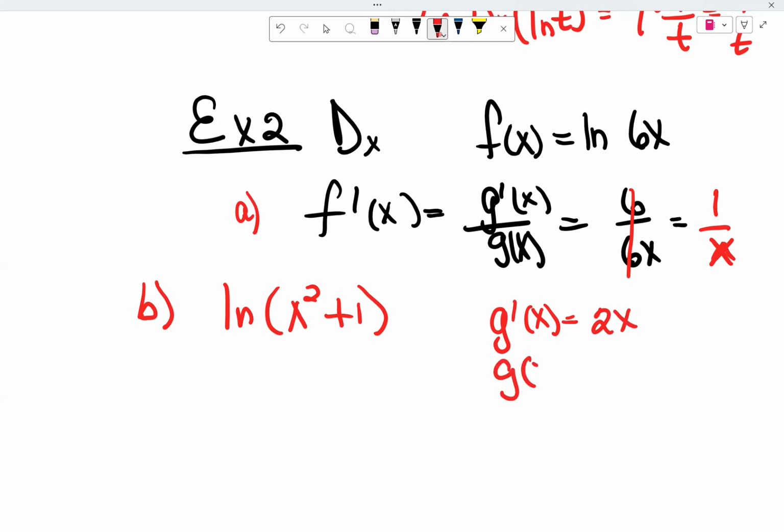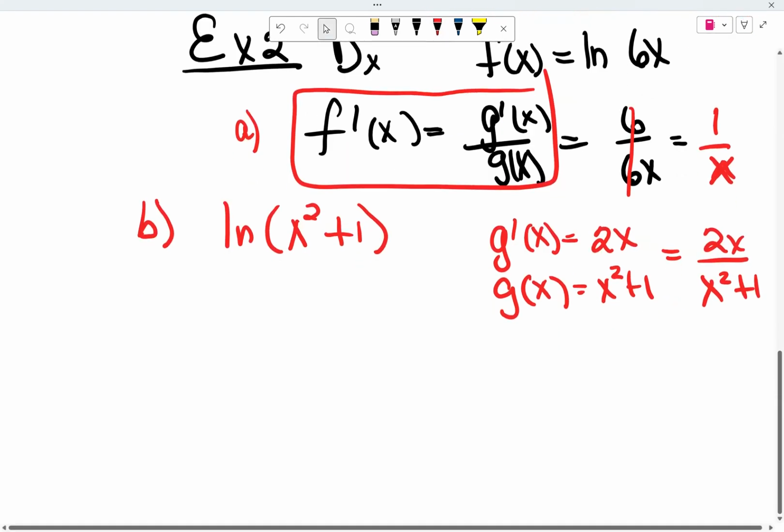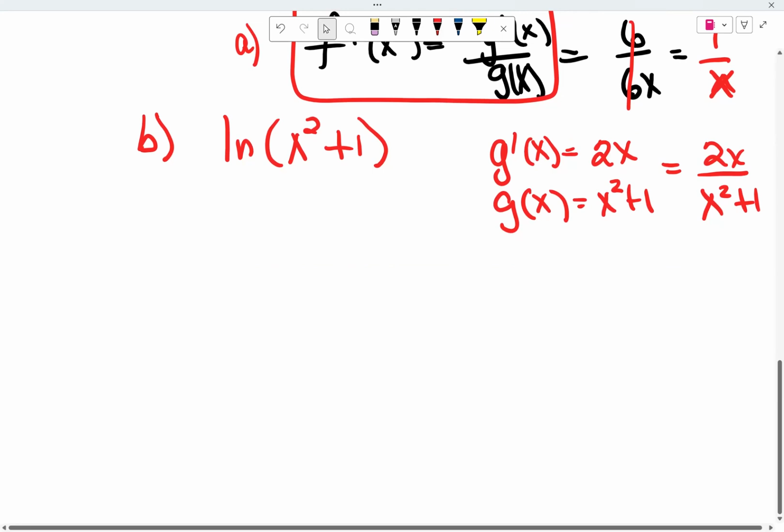And the original function, well, that doesn't change. That's your x squared plus 1. And so the rule of thumb is right here. So your final answer here will be simply 2x over x squared plus 1. And if you graph this, this will make a lot of sense. You'll see the connection and why you see the slope and rate of change happen at that point.